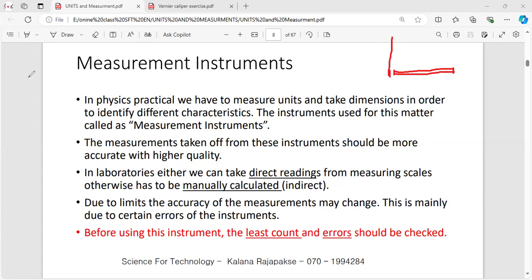For example, let's say this is the enlarged case of a pen tube. So this is the pen tube, this is the outer diameter and the inner diameter. Remember, this is an enlarged drawing. If I put a meter scale adjacent to that, let's say 1, 2, 3, 4, 5, right?